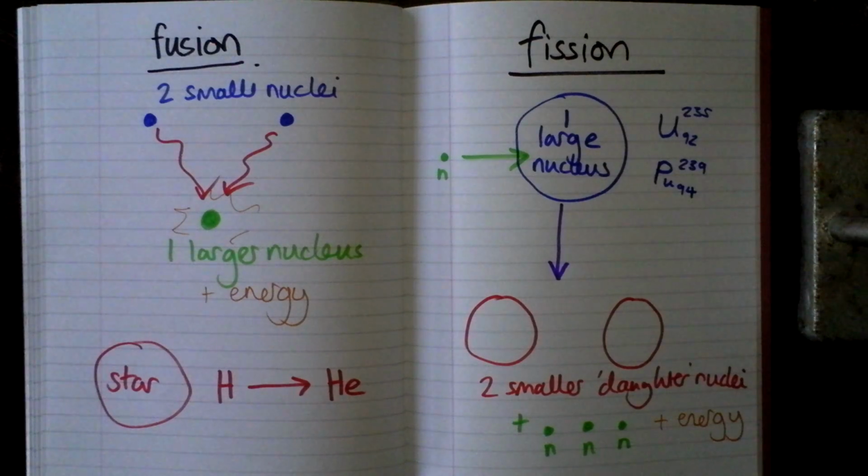And as we've seen recently in Japan, there's the potential for accidents at nuclear power plants to be very dangerous indeed. So fission has its advantages in using it to generate electricity. It also has some disadvantages. But what's really key is that you know that fission is one large nucleus being split into two smaller daughter nuclei, releasing some neutrons and some energy, and that we can harness that energy.